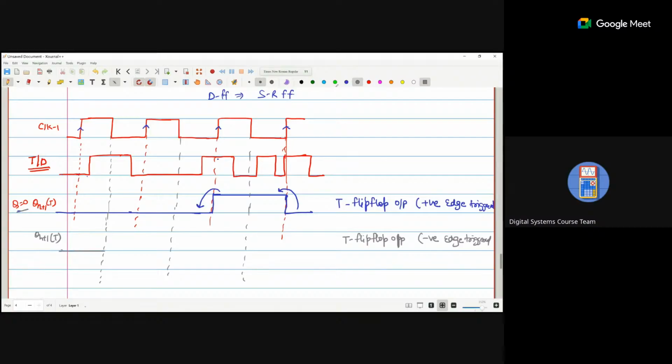Now when the negative edge appears, T is 1, so the output toggles from the previous condition.